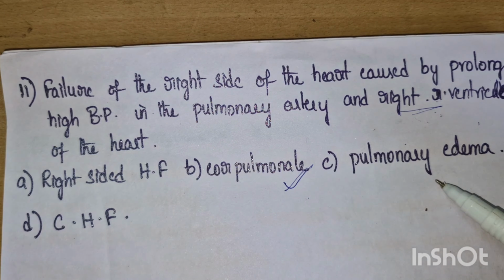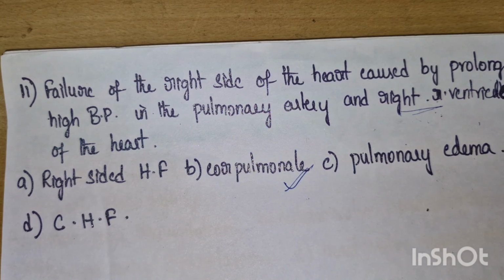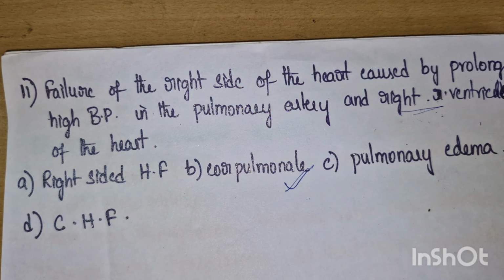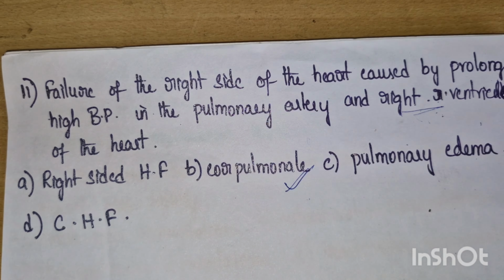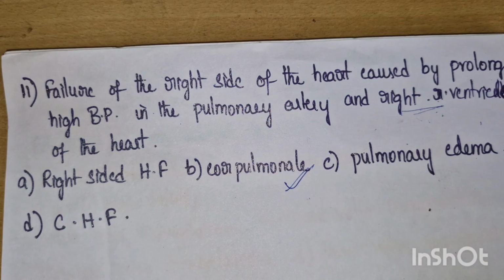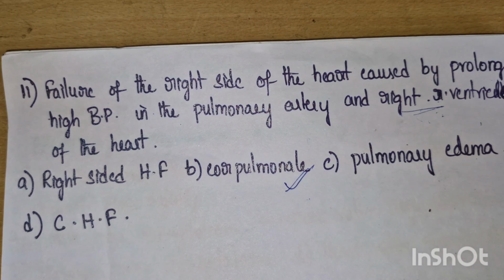And pulmonary edema, the name itself is telling that it is due to the accumulation of fluid in the lungs. Congestive heart failure means the whole heart is failing to deliver oxygen and blood supply to the whole body. That is called congestive heart failure. Here they are asking only about one side of the heart. So the answer is cor pulmonale.